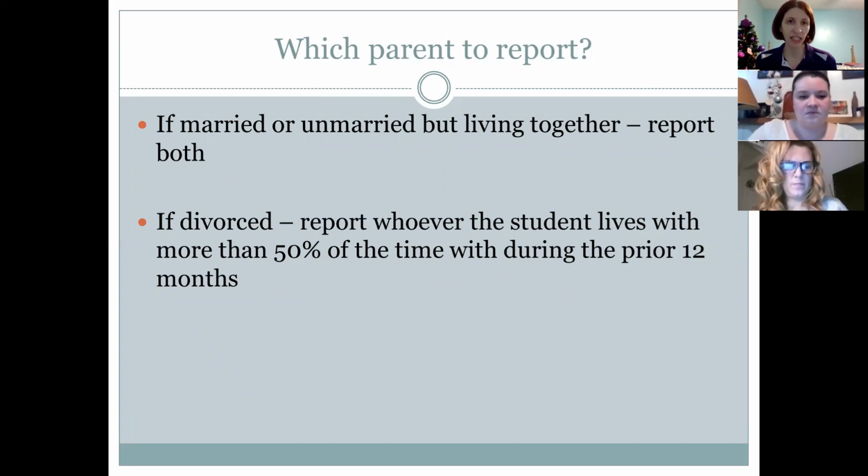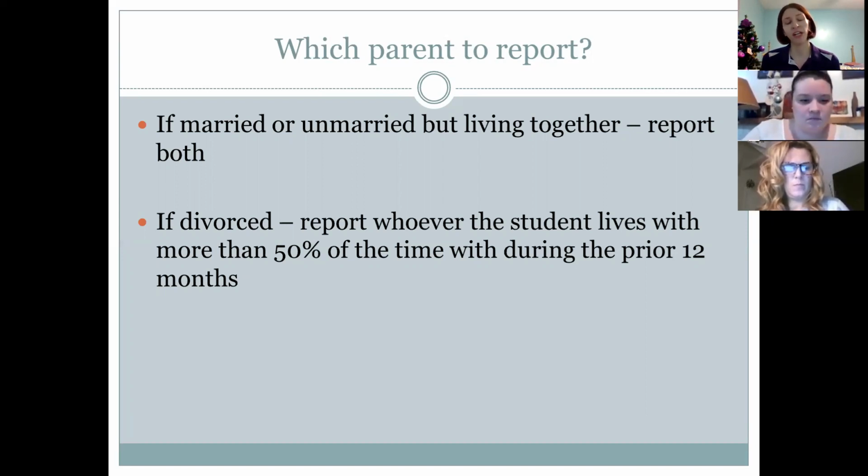So if that's the case, and you spend an equal amount of time with each parent, then you would report whichever parent provides the most financial support during that same time period. So make sure you work with your parents to determine which one that might be, and then that's the parent information you would put on there.